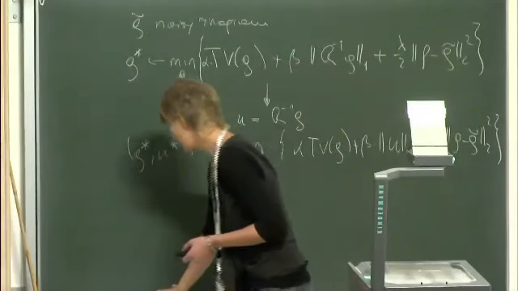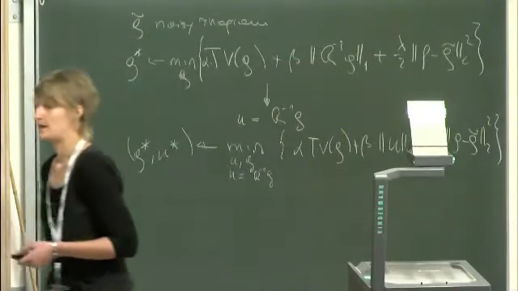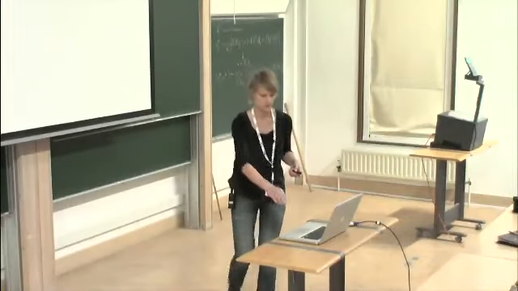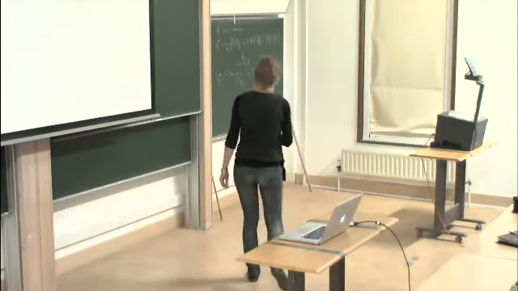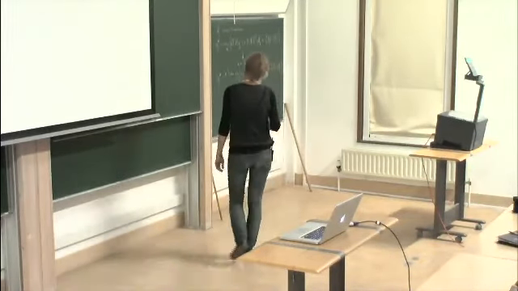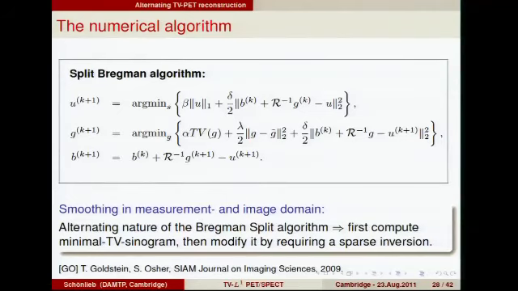So what we do is we first transform this constrained minimization problem into an unconstrained minimization problem by replacing the constraint that U should be equal to the inverse Radon transform of G by a Bregman procedure.